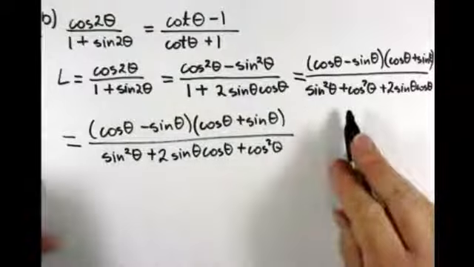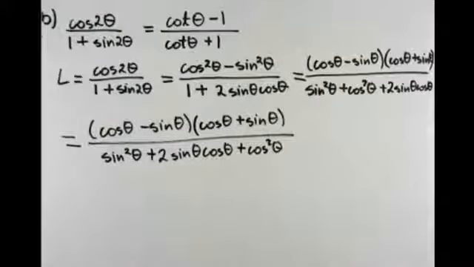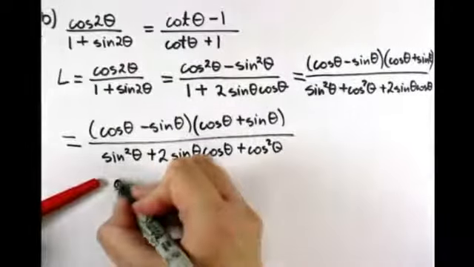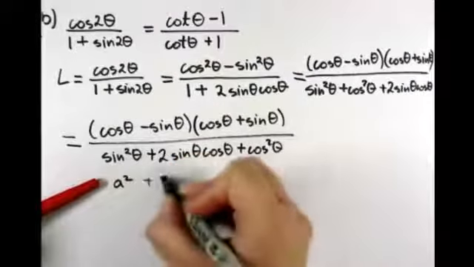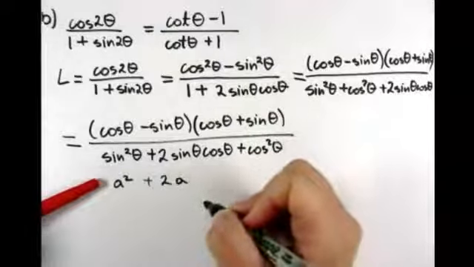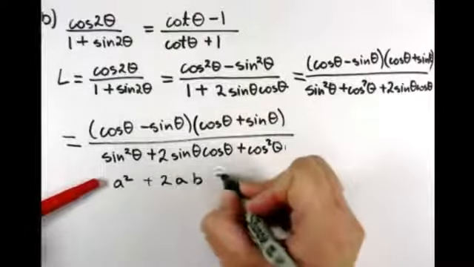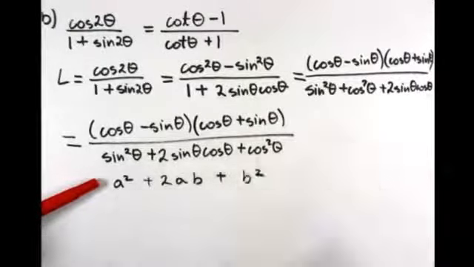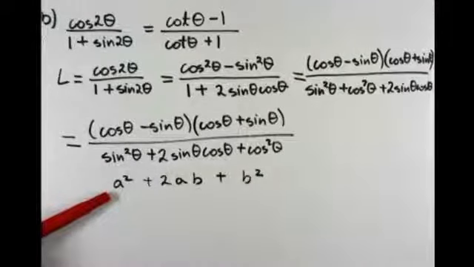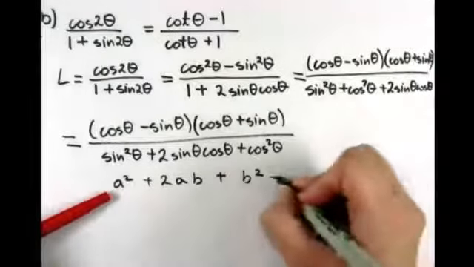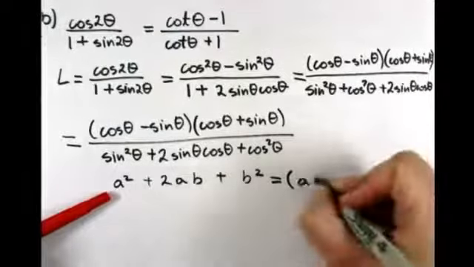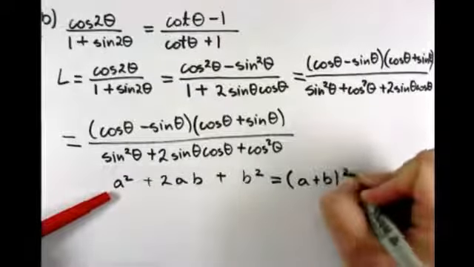I just switch the order. Everywhere is addition, so I can switch the order. Now on the bottom, if I think that sine is my a, I have a square plus 2a, and I think cos is b, and then I have plus b square. A square plus 2ab plus b squared is nothing else but a plus b, squared.